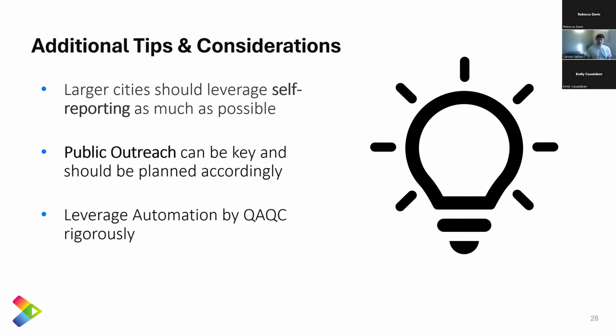And then leveraging automation and QA/QC. It's a really great way to make sure that you're not creating any disparate data. We had a situation a little while back where we got some data for a different town, they'll remain unnamed, where we saw that they didn't have automation or any QA/QC protocols in place. So basically, when they were adding data, there were no automated fields to make sure that things were required.